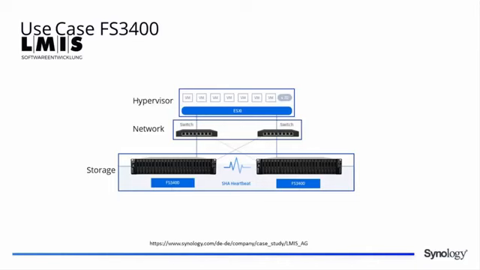Here is a use case for the FS3400 deployed at LMIS AG, who develops smart software for customers in all sectors. The challenge they had consisted of finding a highly available and powerful enough backend memory for their own virtualization environment.